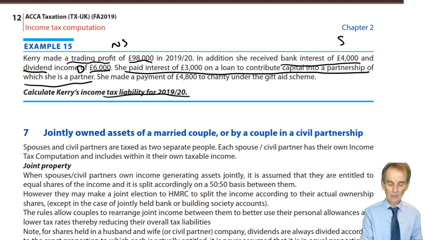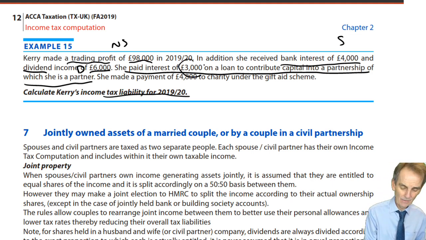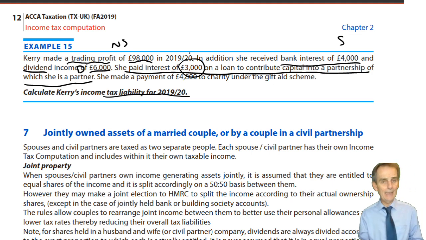Now, when we look at these numbers, 98, 4 and 6, you can see that we're going to go above £100,000 in terms of our total income. There will be a deduction, 3,000, to derive net income. But that figure will still be in excess of 100,000. So are we going to have a restriction in the personal allowance?